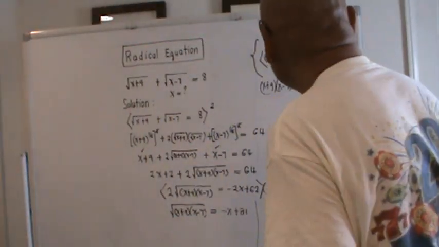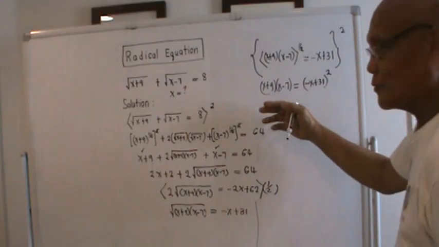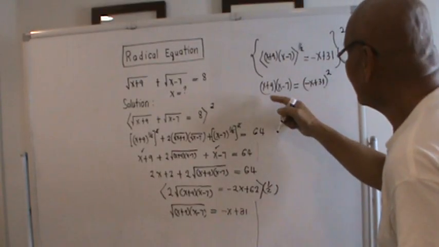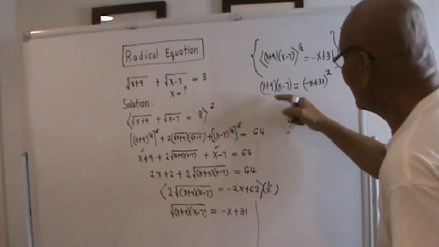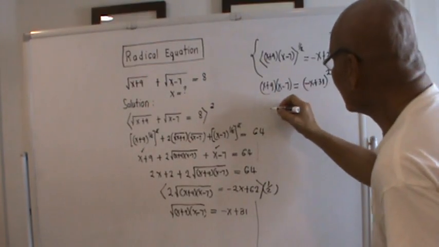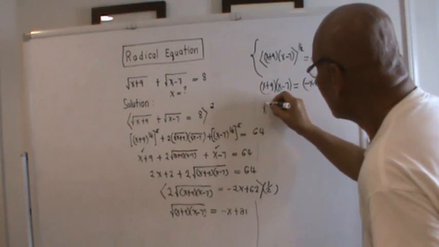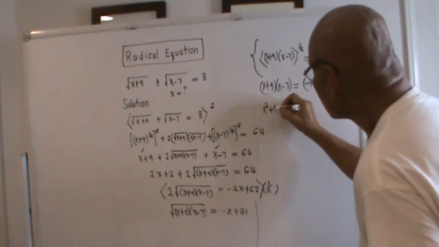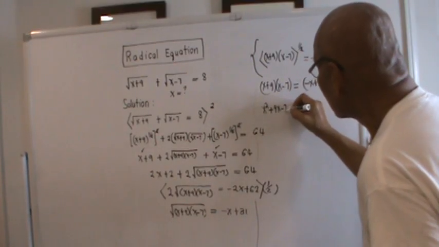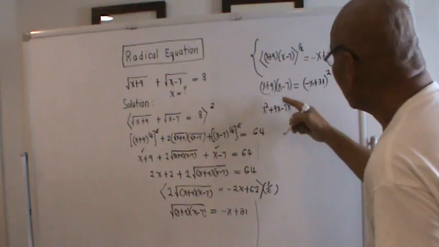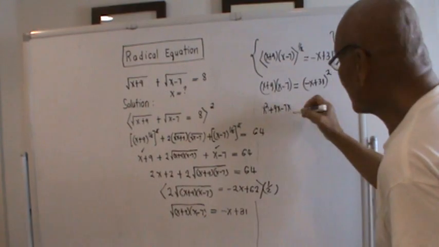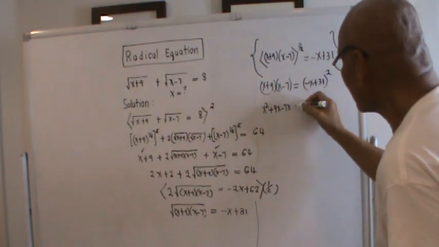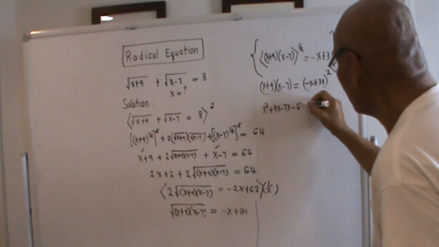If we expand the left hand side, the product of two binomials, the first term will be x squared, plus 9x minus 7x, that will be the middle term. The pure constant will be the product of 9 times minus 7, that will be minus 63.